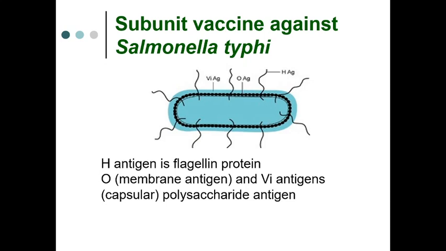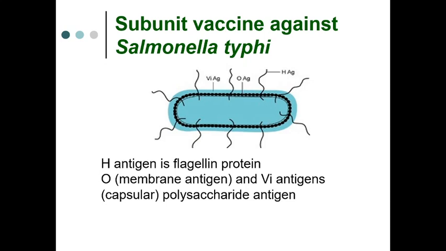Now here is an example of Salmonella typhi, which causes typhoid fever. This bacteria has three strong antigens. The H antigen belongs to flagellin protein, that is of the flagella. The O antigen belongs to the membrane protein, which is another strong antigen, and the capsular antigen, which is a polysaccharide, is called the Vi antigen.